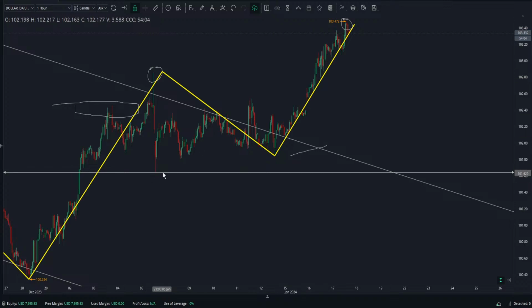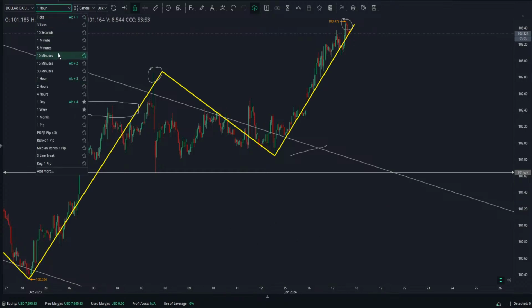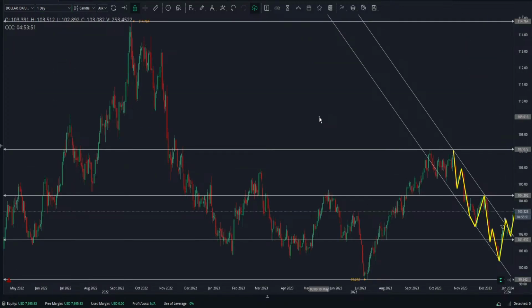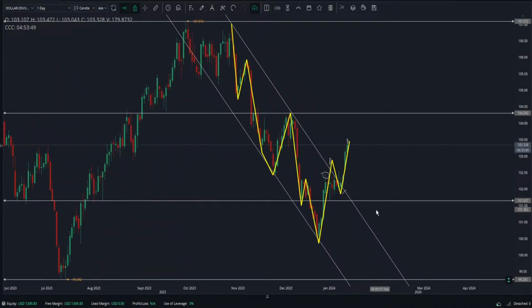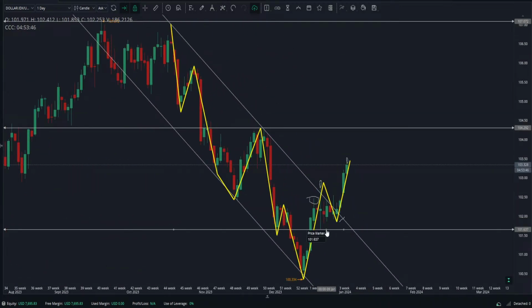This becomes a very relevant low, because when the price starts going down, if it breaks through 101.63, our bias will change from the daily chart. So we go back to the daily, and there we see what is happening. We have marked this 101.63 on our chart, and now this is a pivot for us.